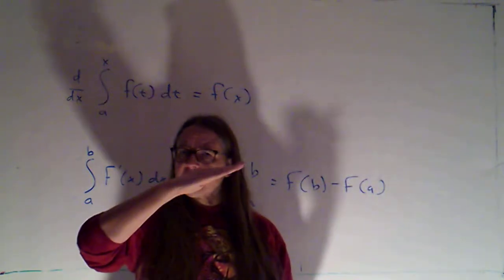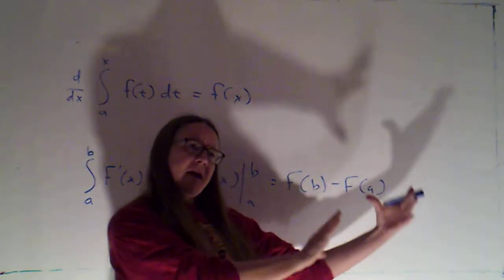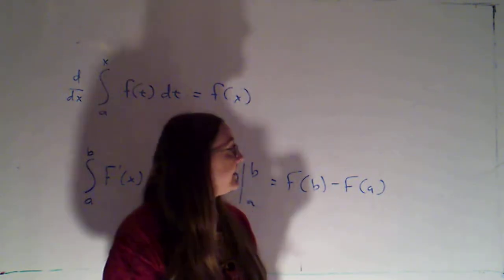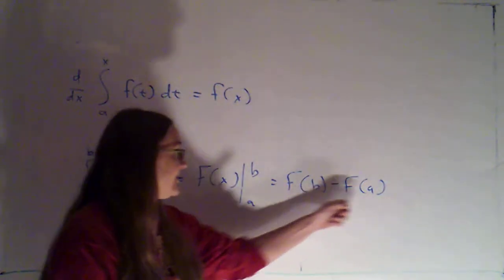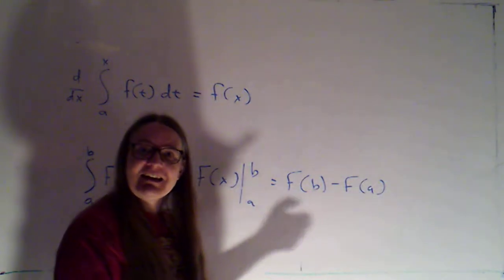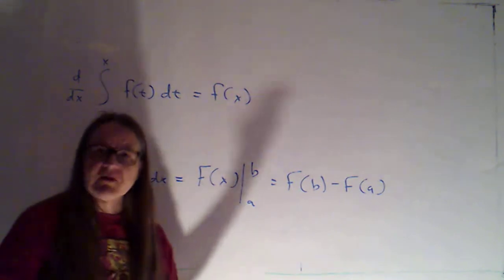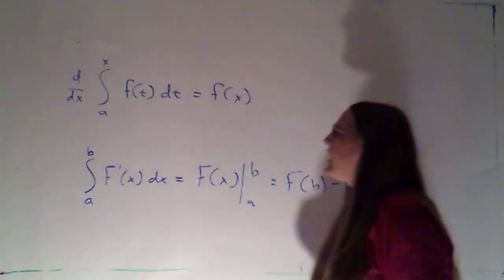We start to see the connection a little bit more when we think about what these things mean. A derivative is a rate of change, and metaphorically, the signed area that we're calculating in our definite integrals is an amount of change. It's the amount of change in f. And certainly the amount of change and the rate of change are going to be related to each other.